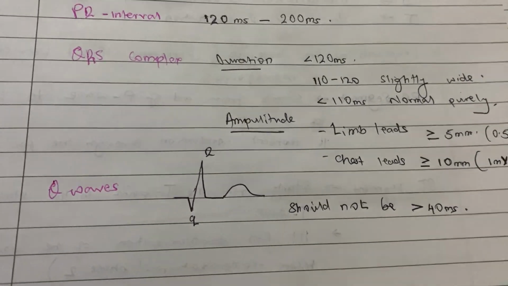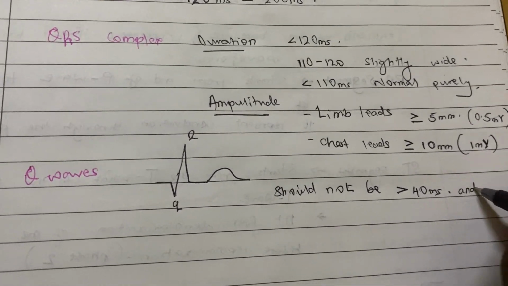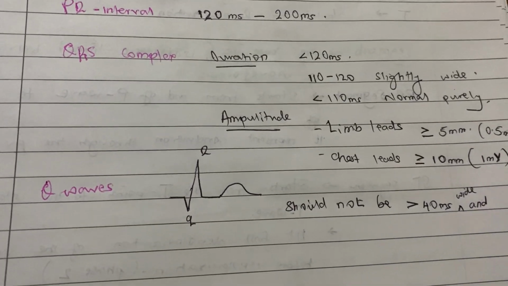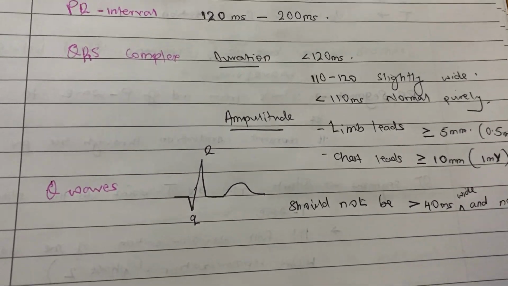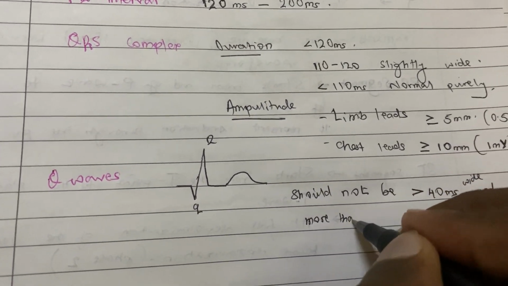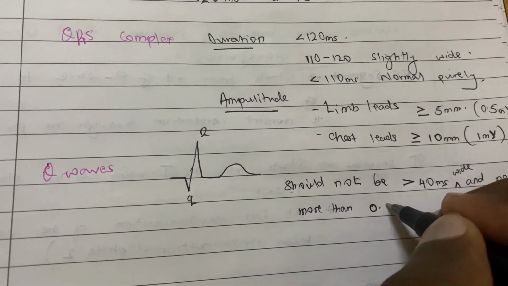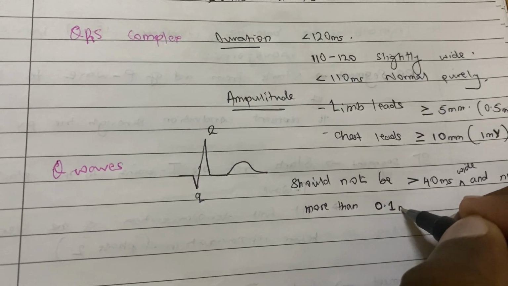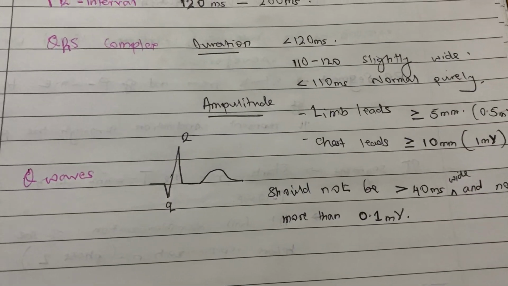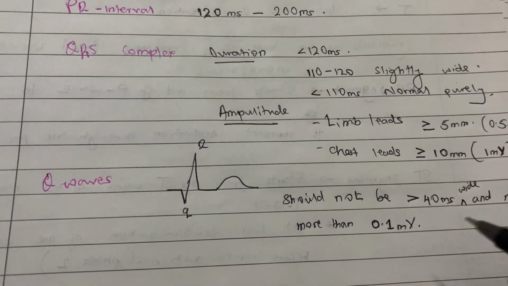That is the width, and the height should not be more than 0.1 millivolt. 0.1 millivolt is 1 mm high.